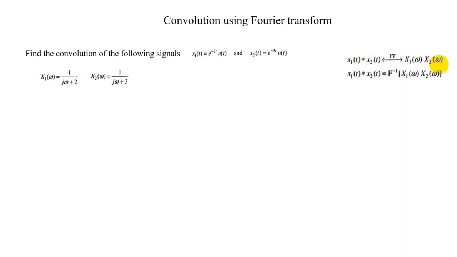After having the Fourier transform of both signals, when you multiply them, ultimately you will get the convolution of the two signals. In case of the inverse Fourier transform, after multiplication of the two Fourier transforms of the two given signals, when you take the inverse Fourier transform, you will ultimately get the convolution of the two signals.